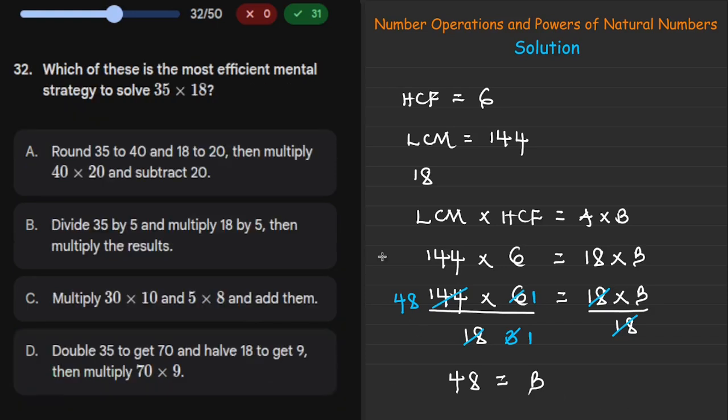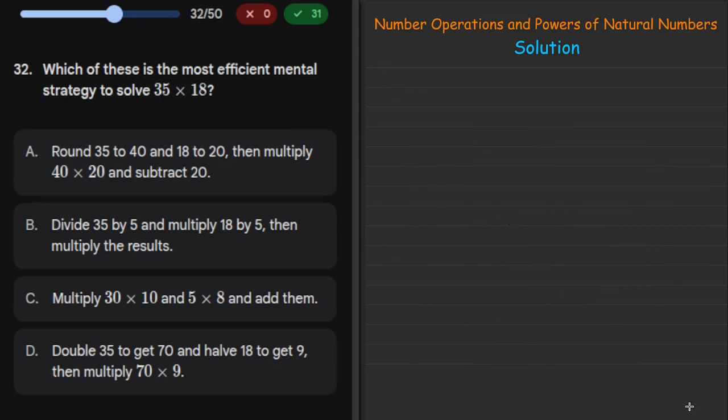Question number 32. It says, which of these is the most efficient mental strategy to solve 35 times 18? We want to find 35 times 18. Looking at this, one of the best ways is to use the doubling and halving method. Because this here can easily be divided by, let me say, 2.